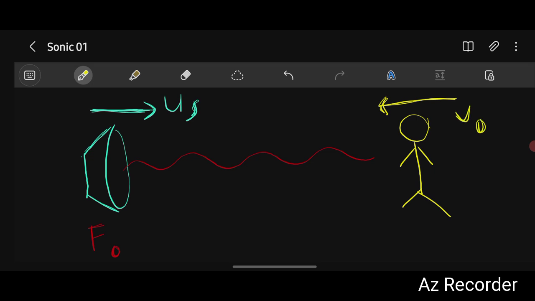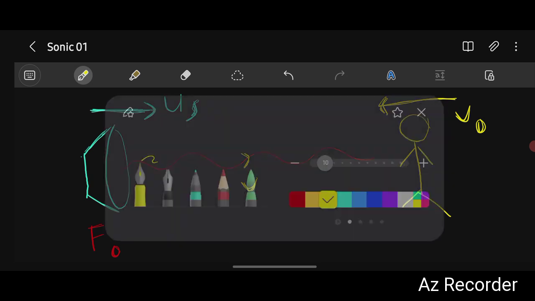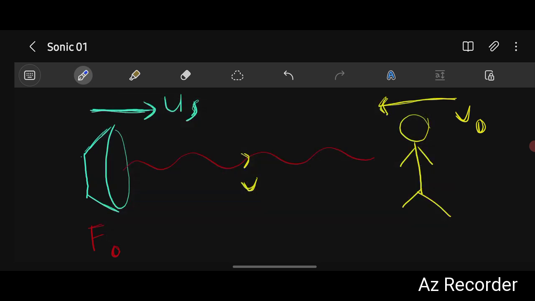The velocity of sound is, imagine, v. So what about the Doppler's effect? Doppler's effect means the variation of frequency.